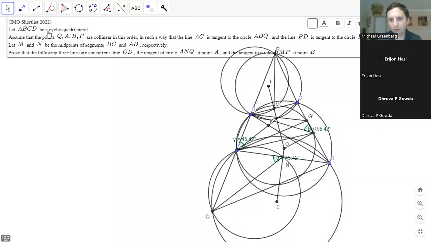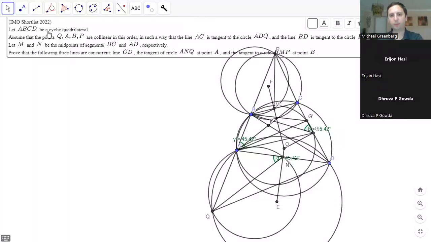Okay. So angle BCD is QAD, and AQD, we can get angle CBD. Angle CBD is equal to CAD.